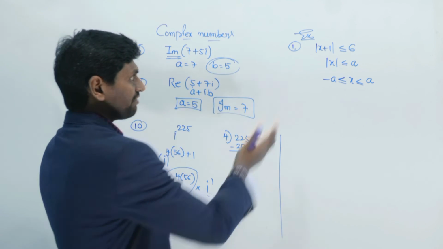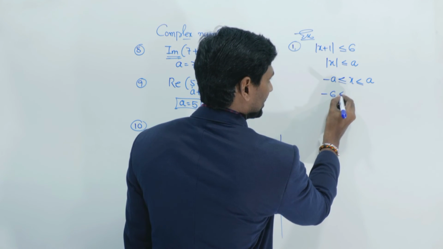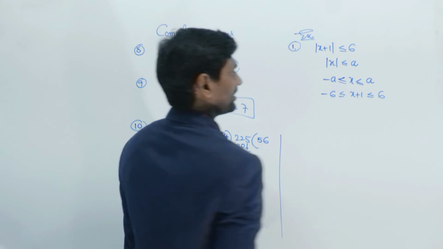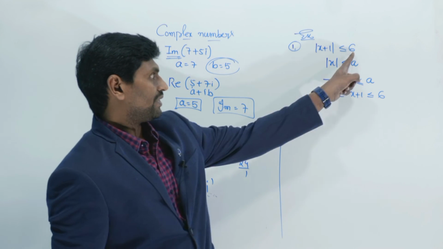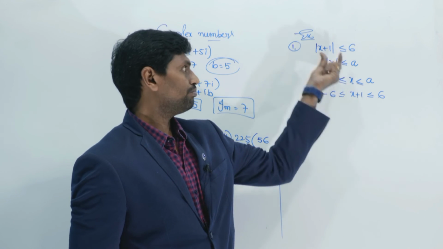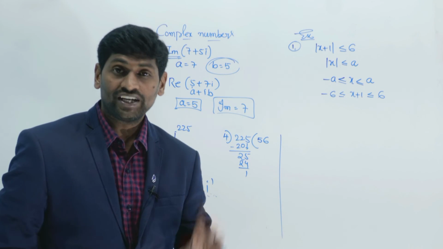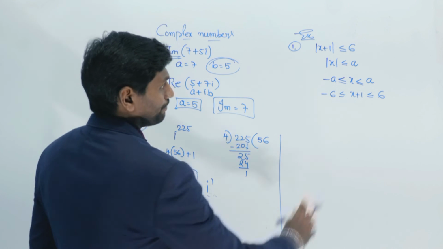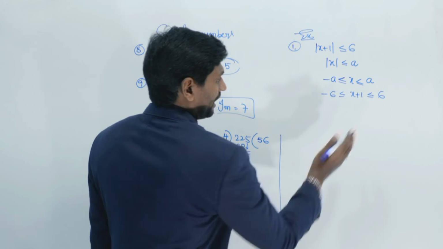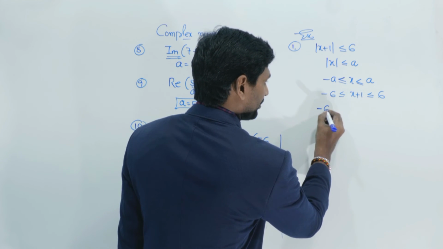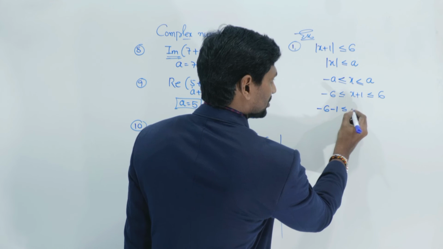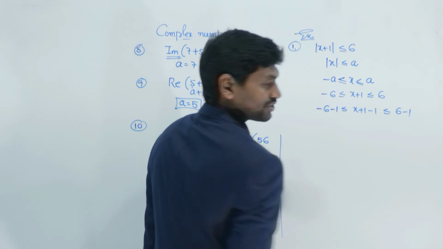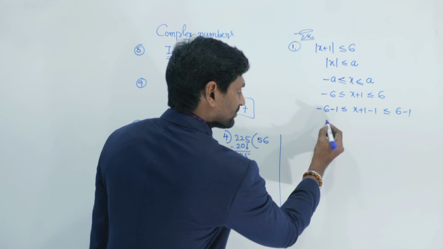Same way, I am writing here: minus 6 less than or equal to x plus 1 less than or equal to 6. To find the solution, we need only the x value. Where x plus 1 is there, I am subtracting 1 from every part. Minus 6 minus 1, x plus 1 minus 1 and 6 minus 1. Sorry, 6 minus 1 is 5.